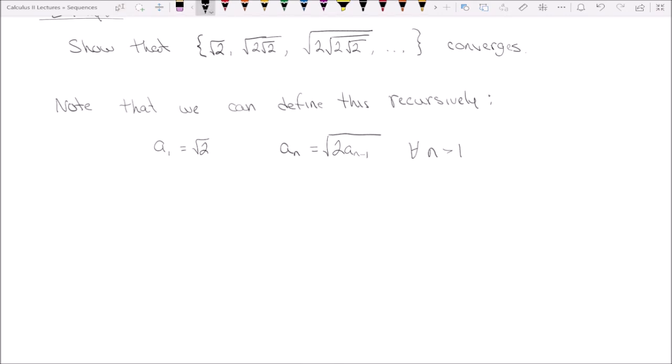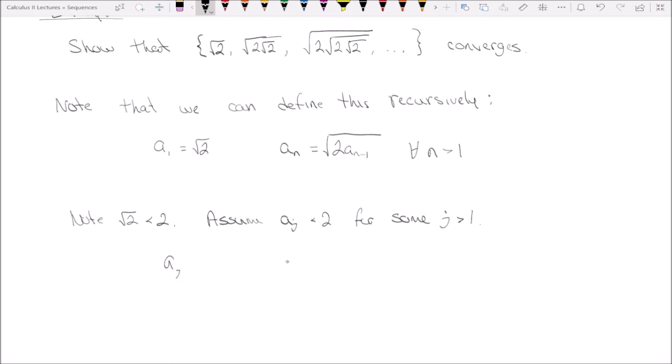Now, note that the square root of 2 is less than 2. Assume that a sub j is less than 2 for some j larger than 1.